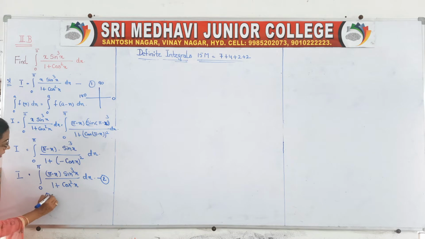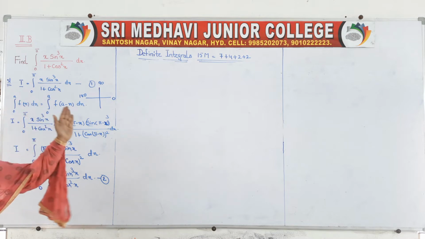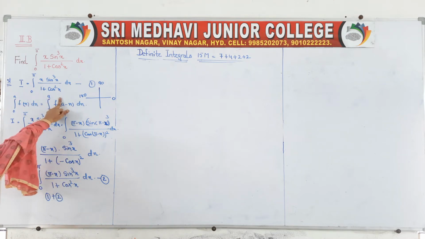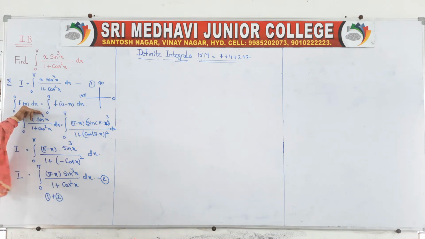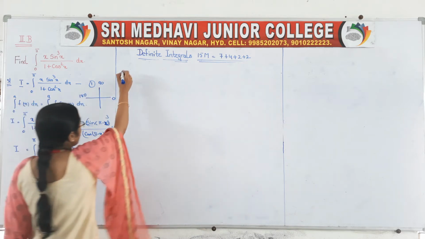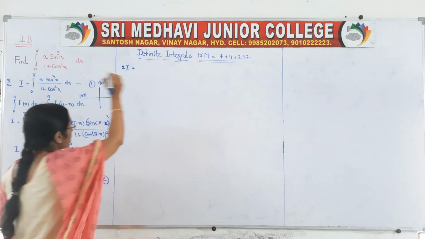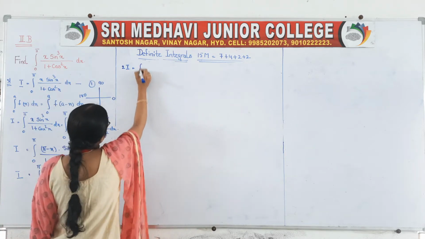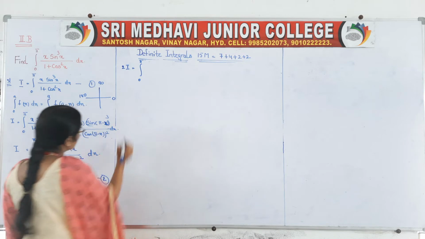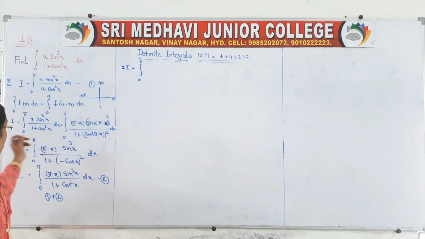As usual, in previous problems also, whenever it is of the form 0 to a, we have considered the first equation as the given question, then we applied this formula, with that we get another I value, then we added those two I values. So I plus I, it is 2I, is equal to, whenever the limits are same, we can take the values combinedly.